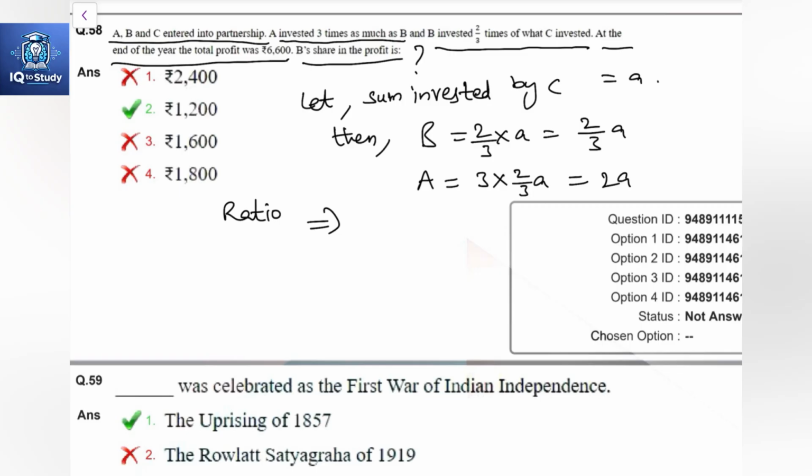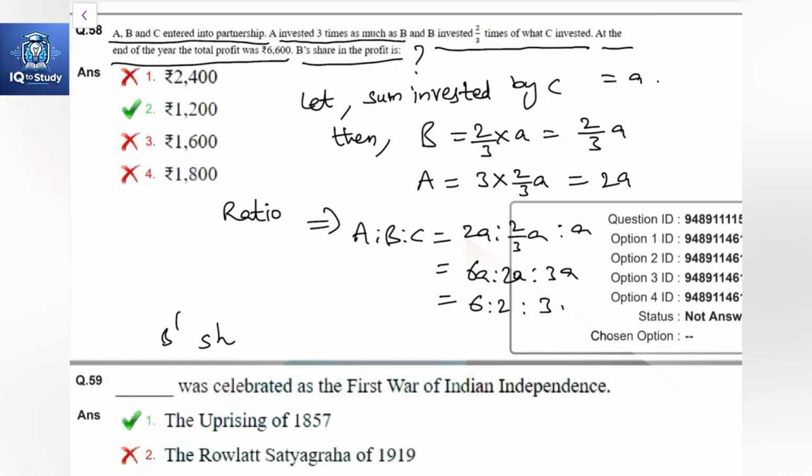Then the ratio becomes A is to B is to C is equal to 2A is to 2/3A is to A, which becomes 6A is to 2A is to 3A, that is equal to 6 is to 2 is to 3. So, B's share in profit is equal to 6,600 rupees into 2/11, which is equal to 1,200 rupees. So option 2 is correct.